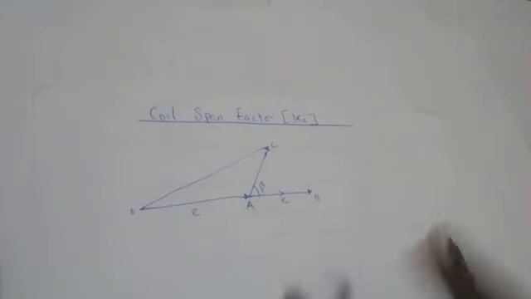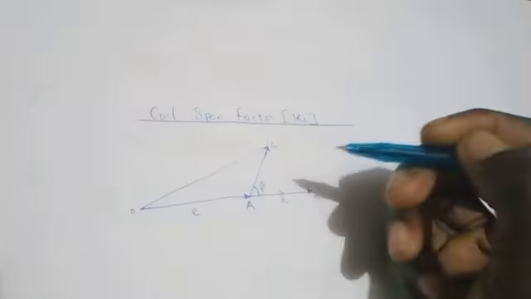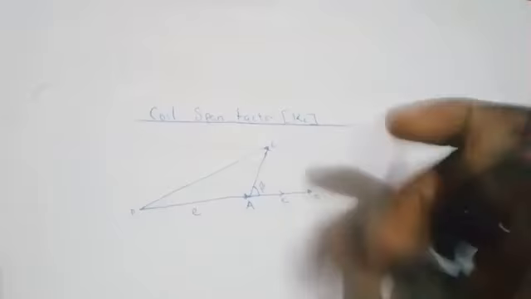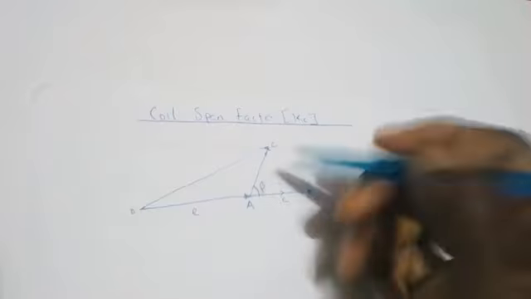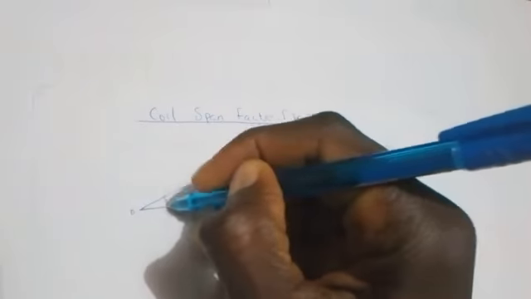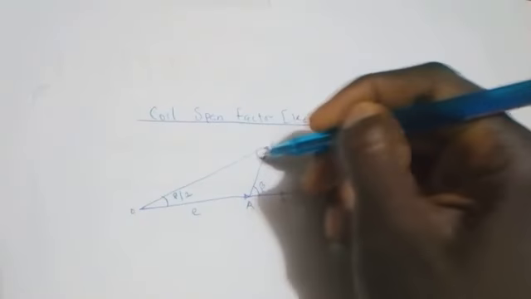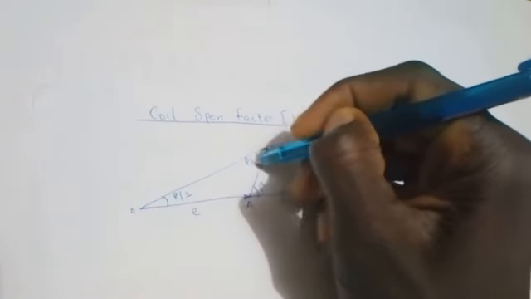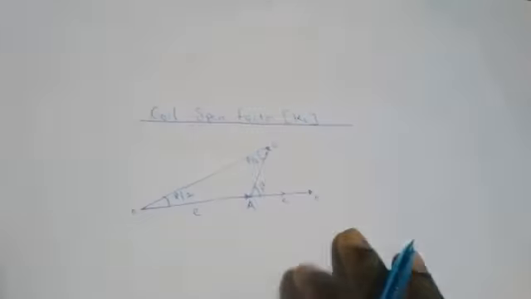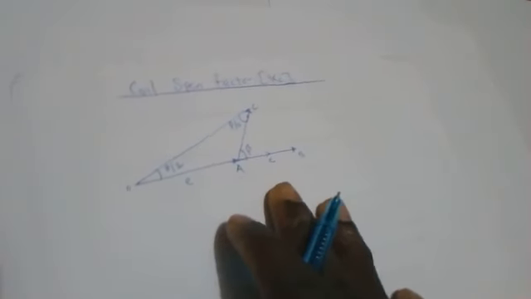If you look critically, this angle is 180 minus beta. So if I do 180 minus beta, it means I can have beta over 2 here. This will form an isosceles triangle. This is a base. So what I'm going to be having here is beta over 2. Likewise, here I'm going to be having beta over 2.